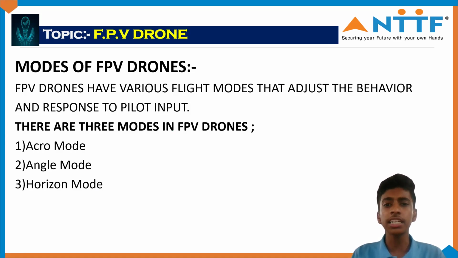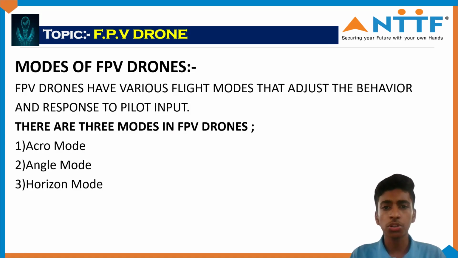But we do not get this facility in acro mode, because acro mode is mainly used in championships and competitions of drone flights. So if any kind of obstacle comes in the path of the drone while we are operating in acro mode, then the drone will not stop, but it will follow your instructions. But in angle mode, it will not follow your instruction and it will automatically stop.